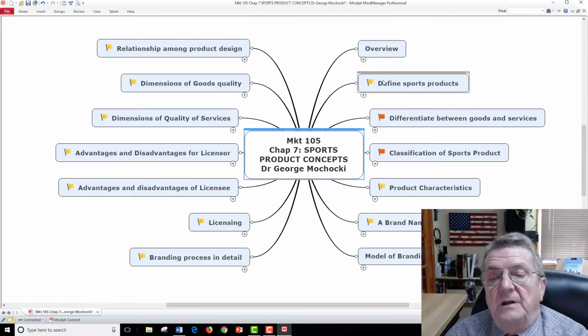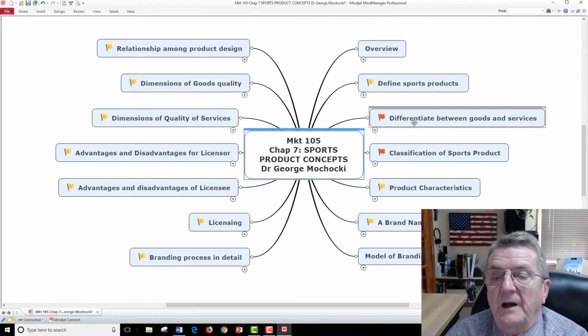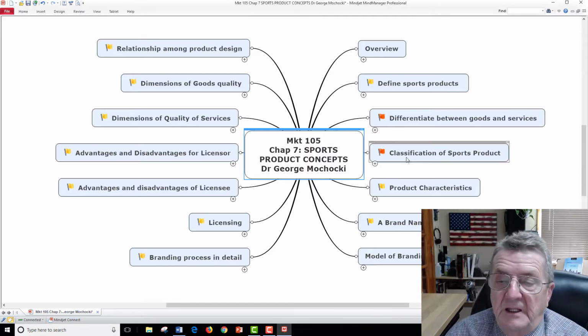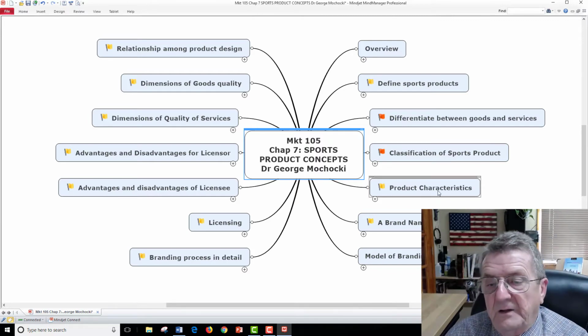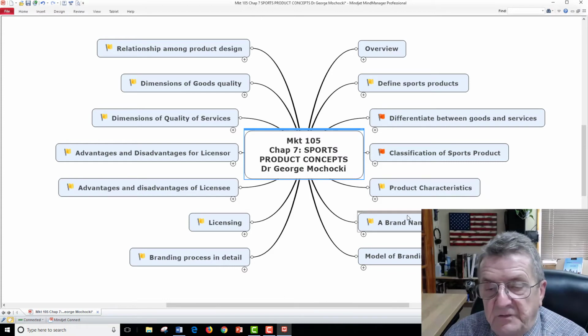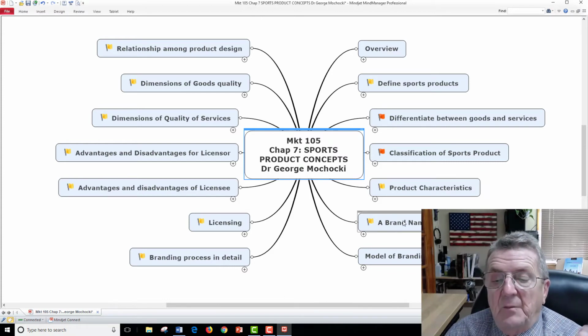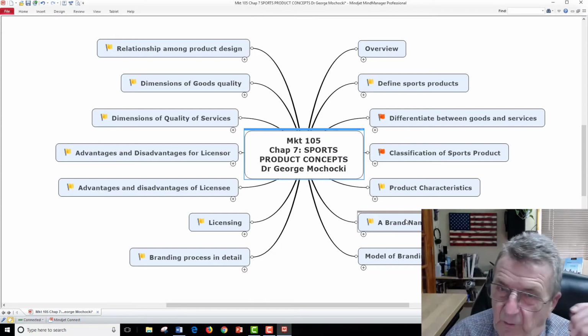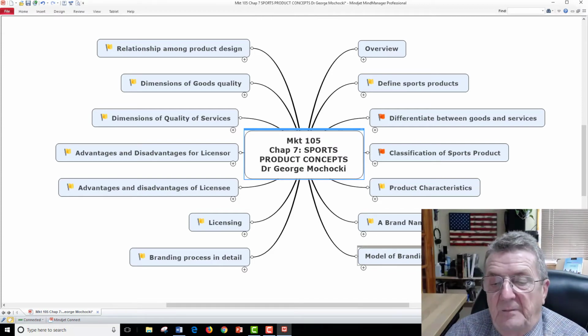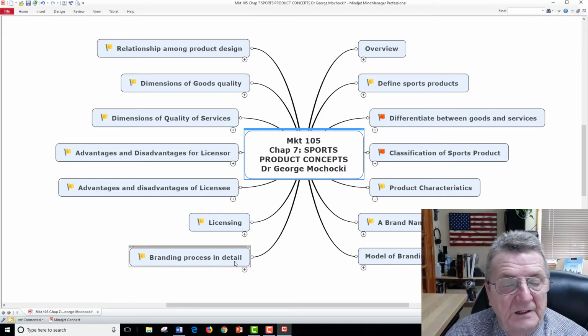So we covered, so make sure when you're looking at this, we talked about the sports product, the difference between goods and services, tangible and intangible, classification, product line, product mix, product characteristics, and they talked about it twice. I could touch, feel it, and the same thing with the services. Brand name should be what? Easy to remember, not offensive, and something that people could always remember. A model of branding equity tells you how to do that.